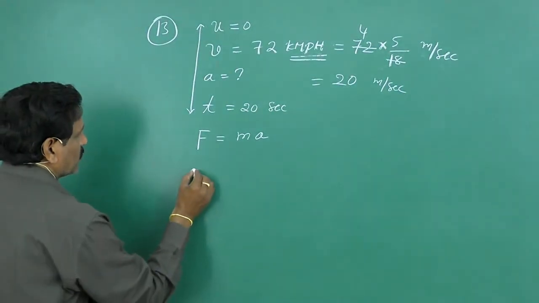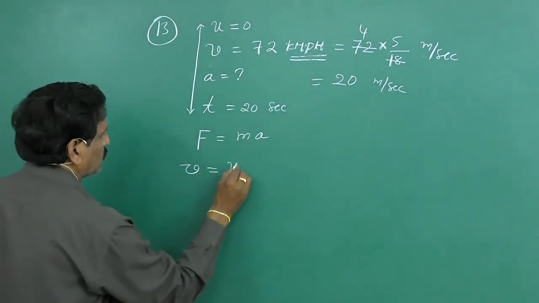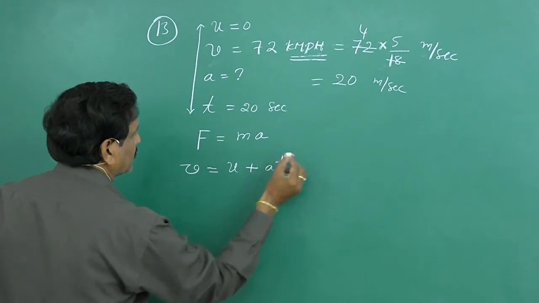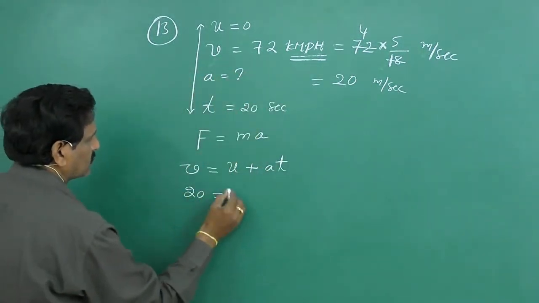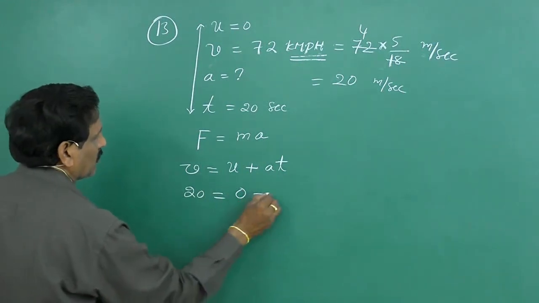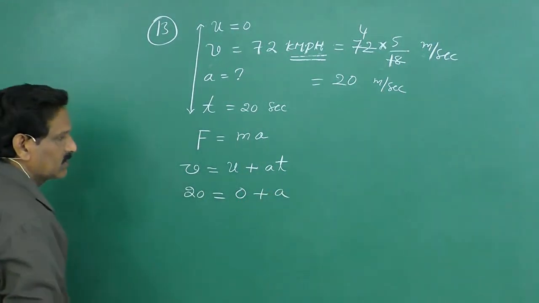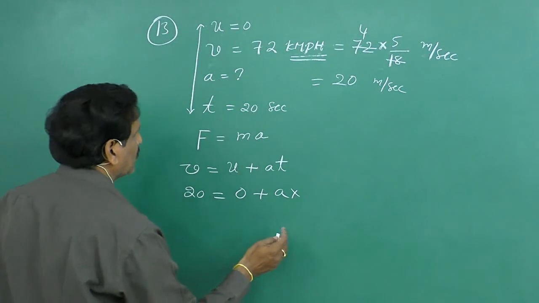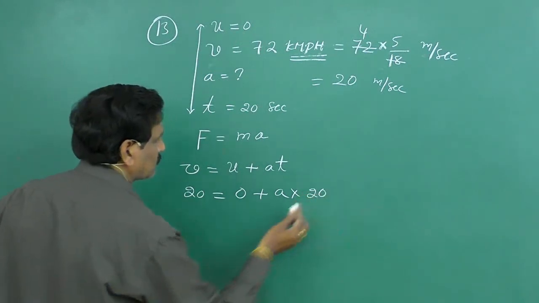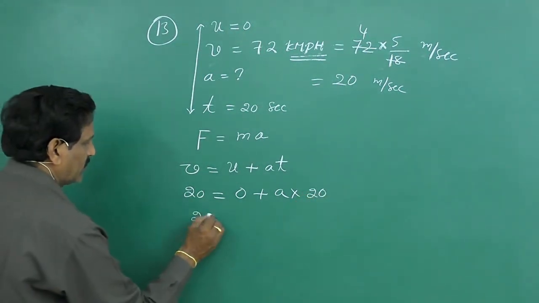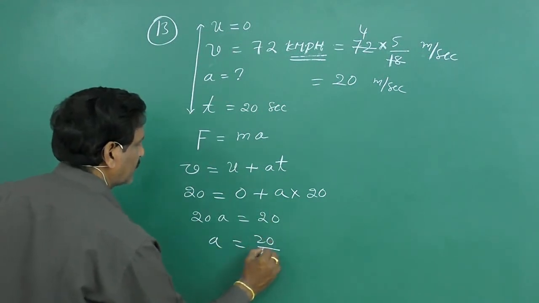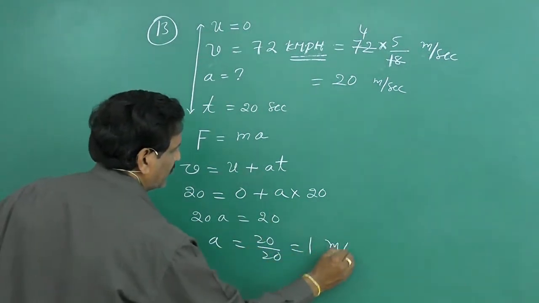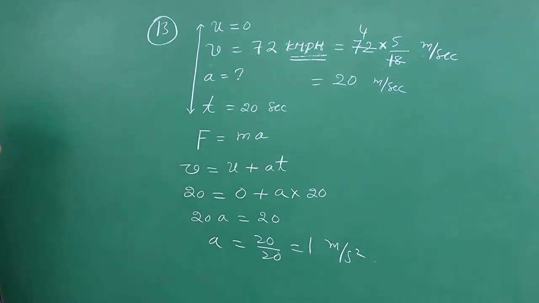We can use the formula v is equal to u plus at. Here v is 20, so 20 is equal to 0 plus a into t, where time is 20. So, 20a is equal to 20, then a is equal to 20 by 20, which is 1 meter per second square. This is the acceleration.